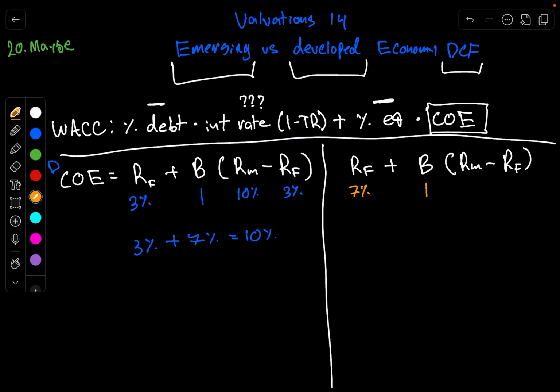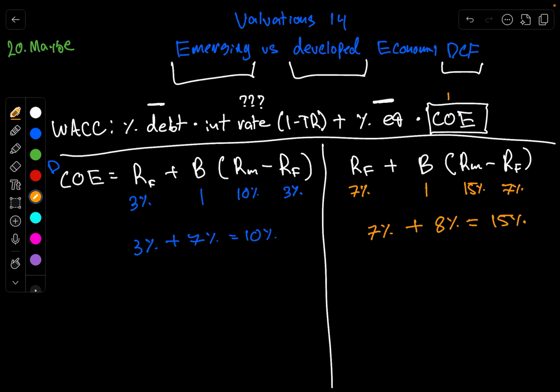So we're going to assume that the return on the market is 15%. And again, the risk-free rate is 7%. So what does that give us? That's 7% plus 1 times 15 minus 7, which is simply 8%. And that gives us 15%.